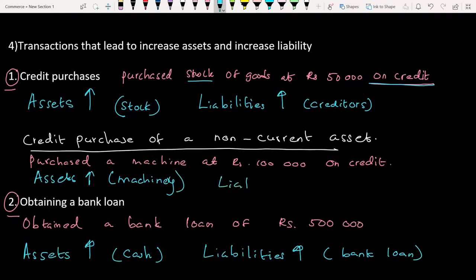Then liabilities of the business increase because of creditors. So you can take credit purchase of stock or credit purchase of a non-current asset for this situation.